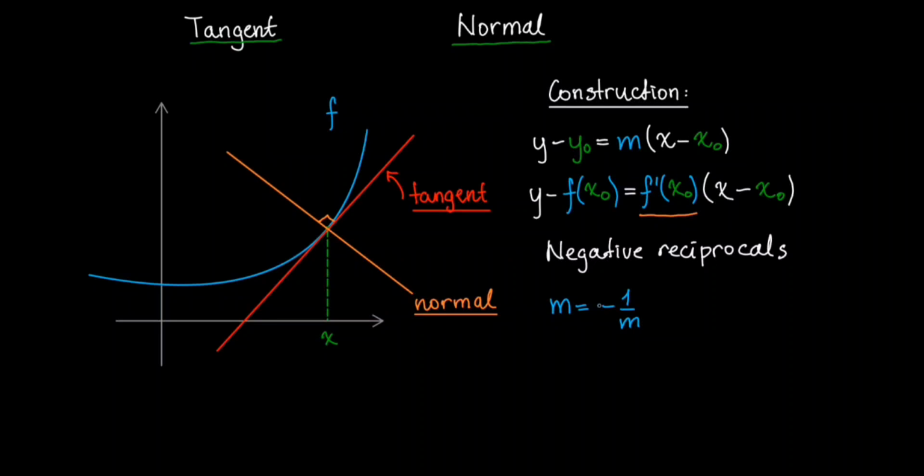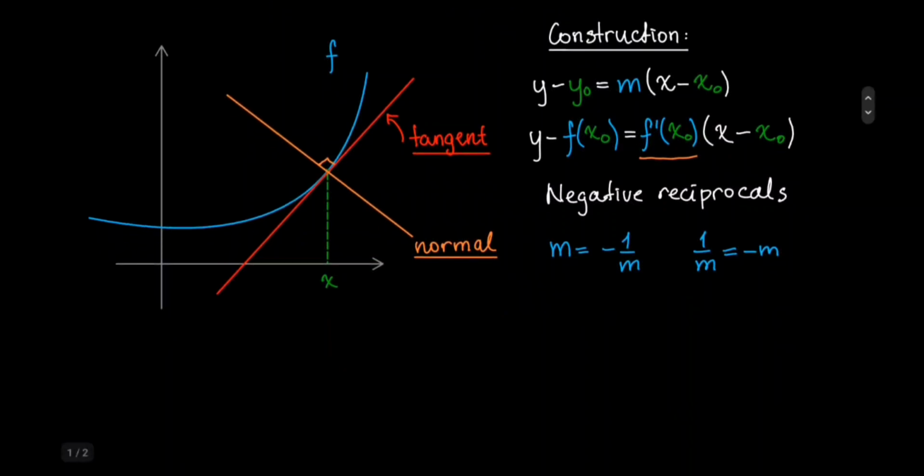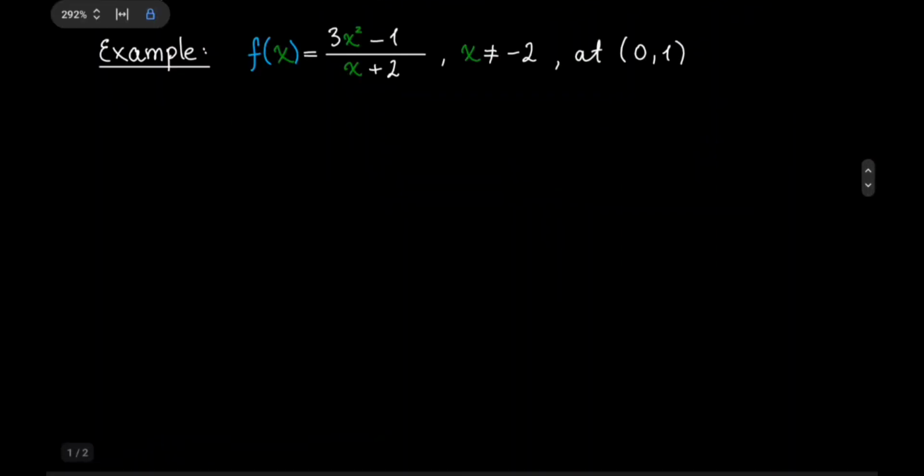What we did here was add a minus sign in the front and then flip the fraction. Alright, so now that the theory is out of the way, let's immediately look at two different examples.